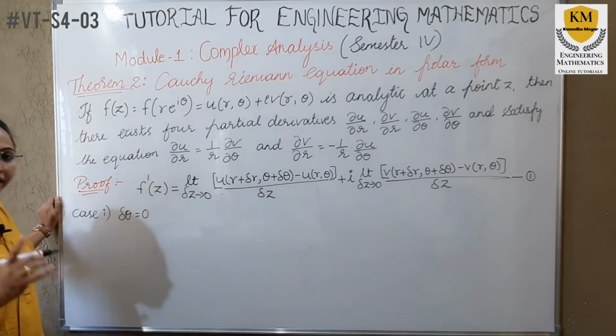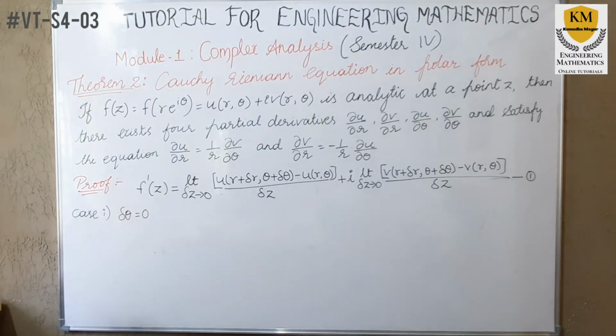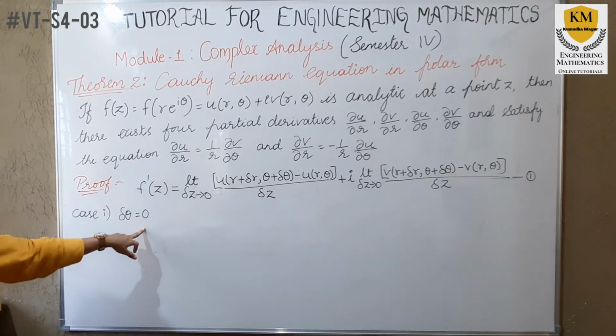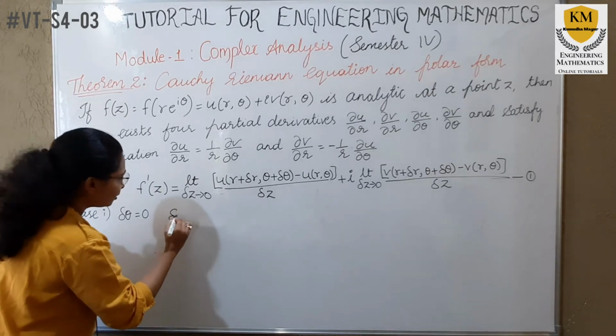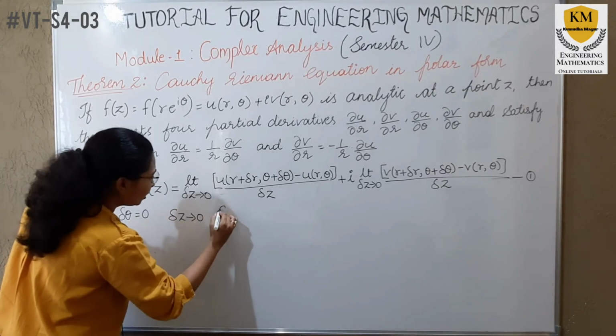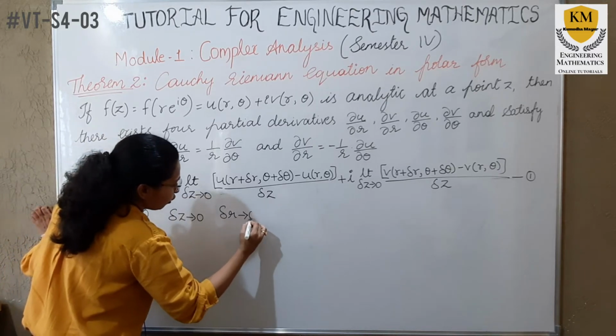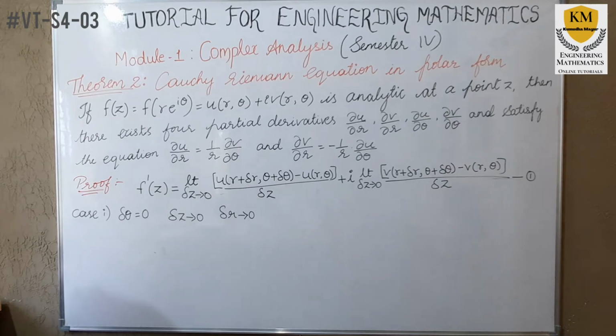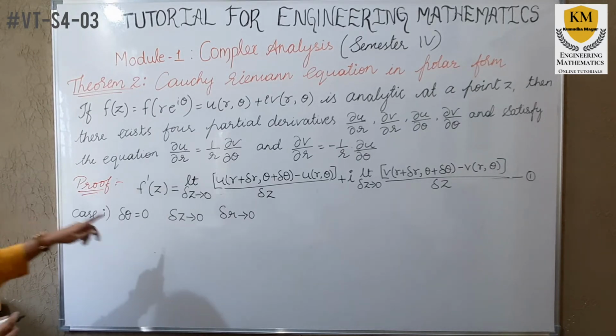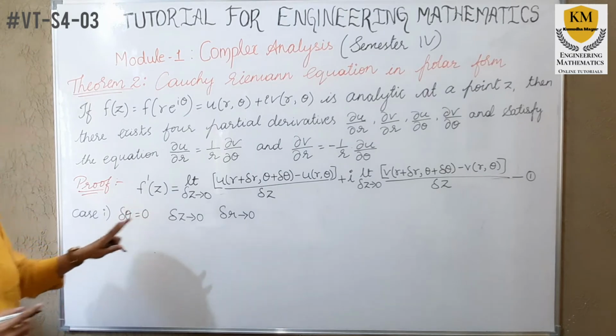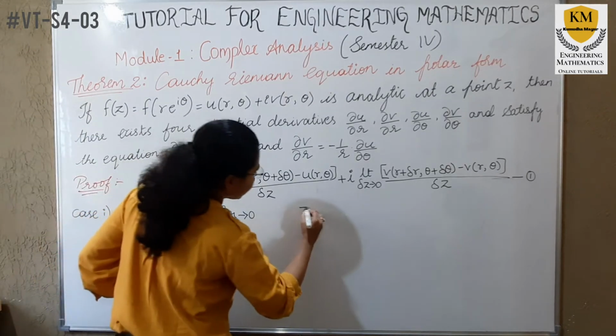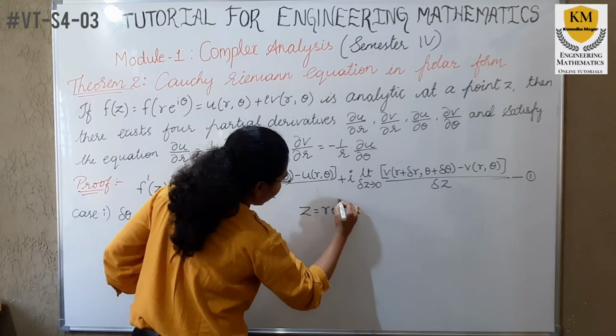So when del theta is equal to 0, you all must understand that here I have explained that del z is the increment of z, del theta is the increment of theta, del r is the increment of r. Now when we consider del theta equal to 0, we can say as del z tends to 0, even del r also tends to 0. You should not forget this. We all know that for the z function we have considered z is equal to r into e to the power i theta.